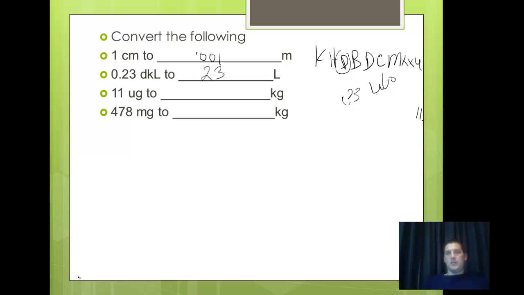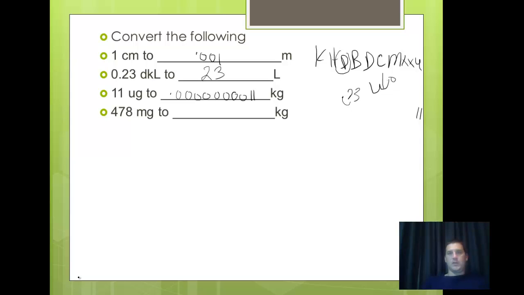So we're going to put 8 zeros. Sorry. 8 zeros, 0.000000000, 1, 2, 3, 4, 5, 6, 7, 8, 11 kilograms. Okay, it's a very small number going to a very large number. So yes, it looks ugly, but that's just the way we're going to have to do it.